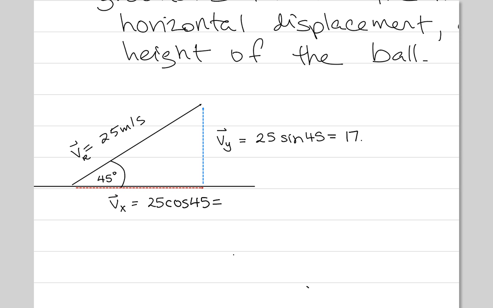Okay, so 17.6776 for this one, and 17.6776 for this one. That's the only time it'll be the same, is when you have a 45, okay? Because of 45. So just some basic geometry. If this is 45, and this is a right angle 90, this also has to be 45. So that makes this isosceles. Good. So that means this side and this side have to be the same. Good. And that's the only time that will happen when they're the same, is when the angle's at 45.